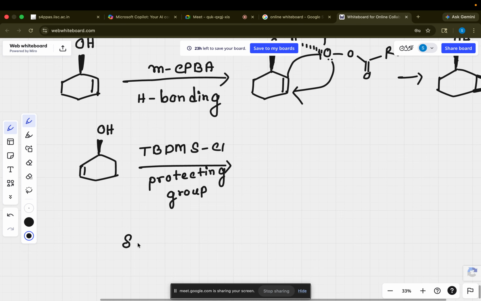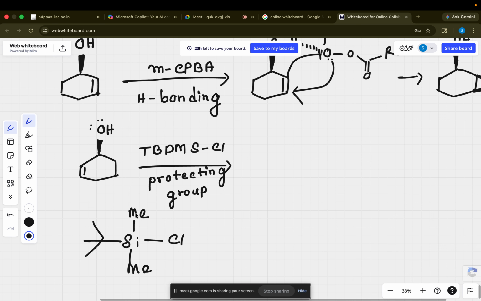What is the reagent? The reagent looks like this. Again, don't think an SN2 reaction will happen here. Oxygen will donate its lone pair into the vacant d orbital of silicon. I already told you that the silicon-oxygen bond is a very strong bond.